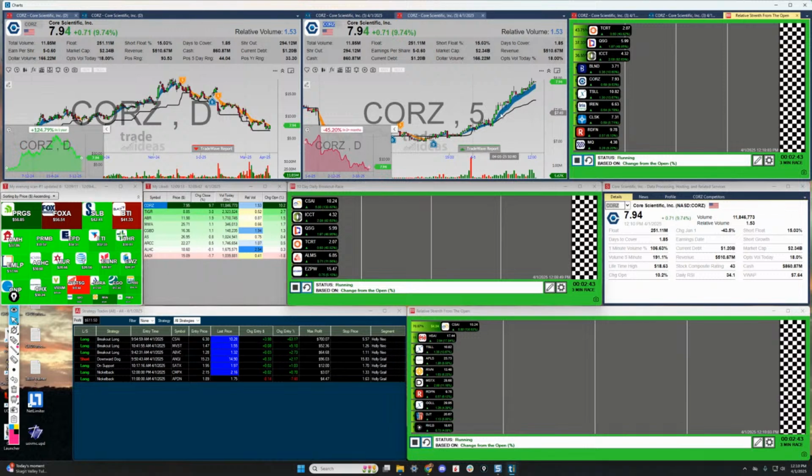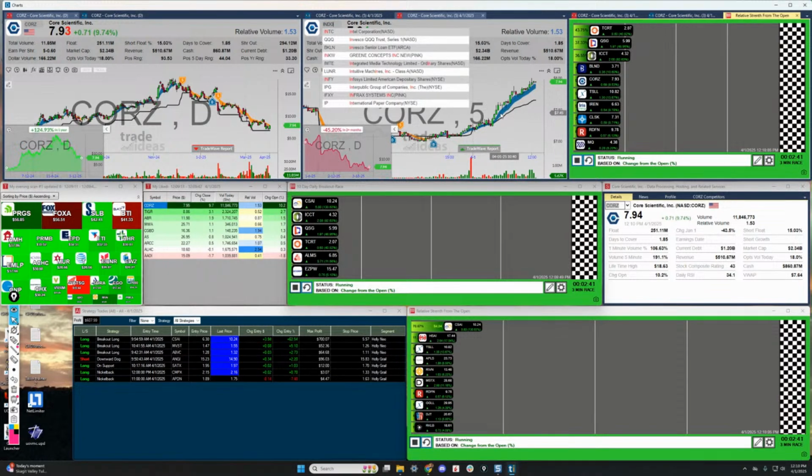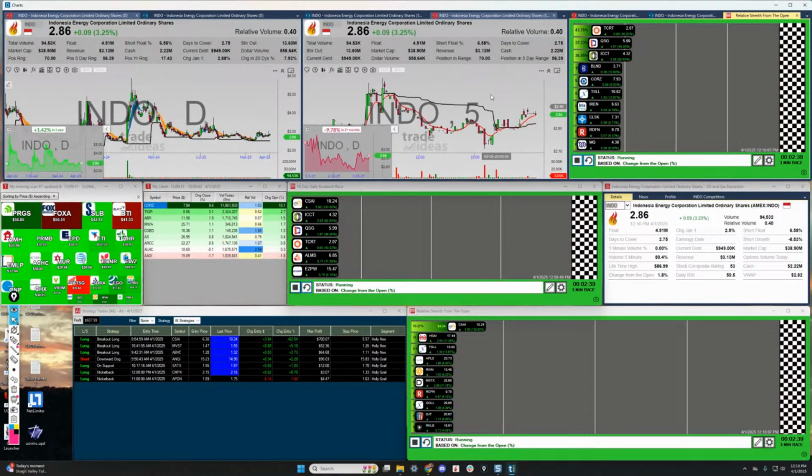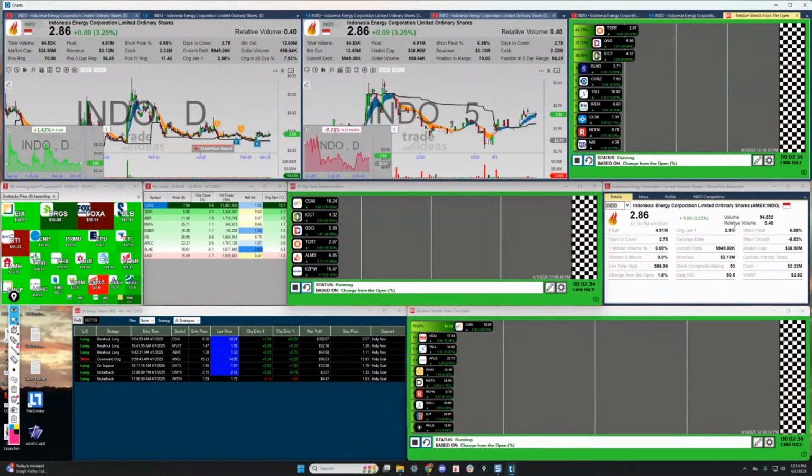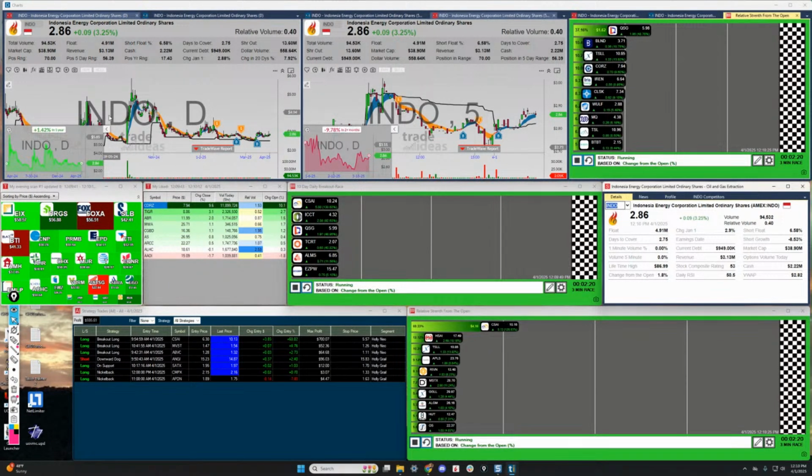INDO. Sure, we could look at INDO. There's not a whole lot here. I mean, the thing is, it's a pretty liquid stock, 94,000 shares traded at this point. This is one of those energy stocks that, you know, it's a low floater, and so people pile in on it, and you get days like this with it. So there's not a whole lot to really say on this.